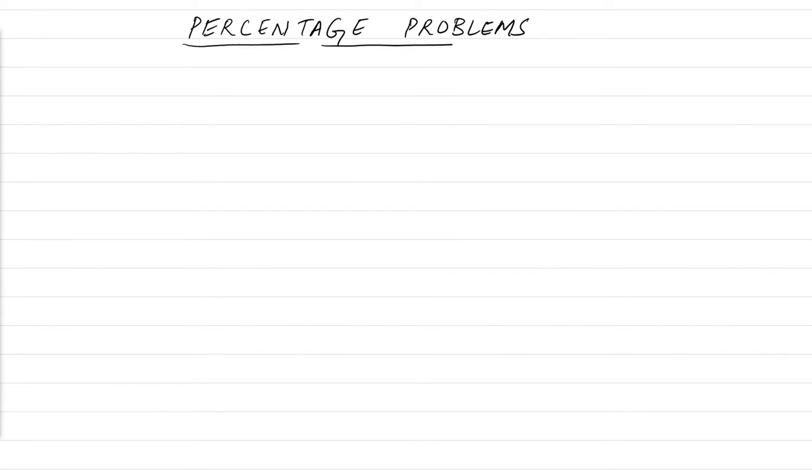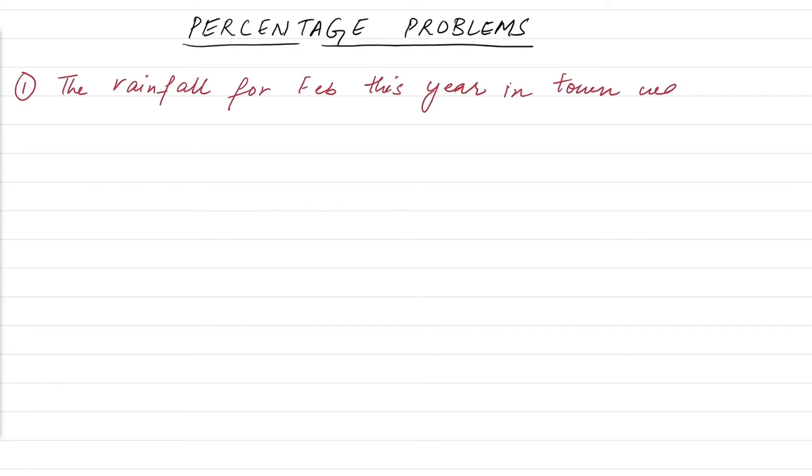Okay, suppose we have the problem: the rainfall for February this year in a town was 15% more than for February last year.